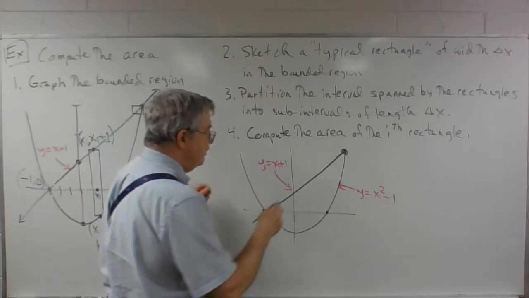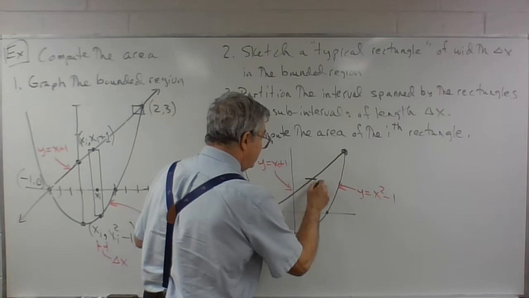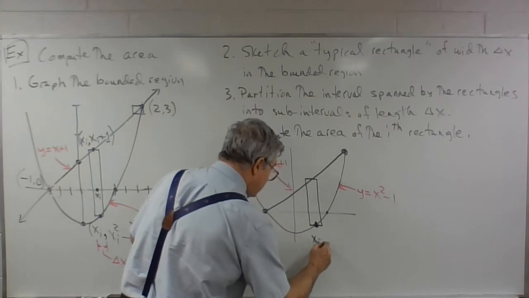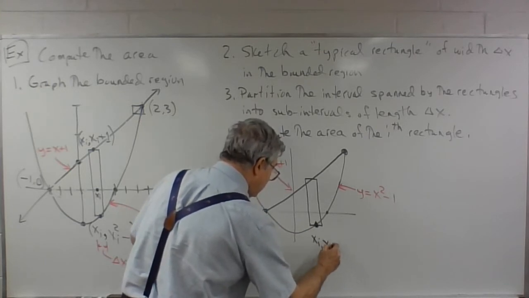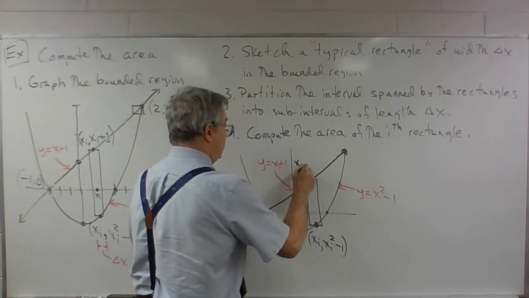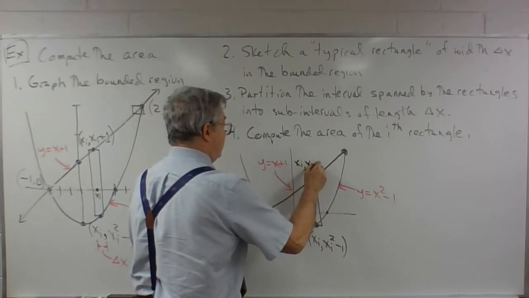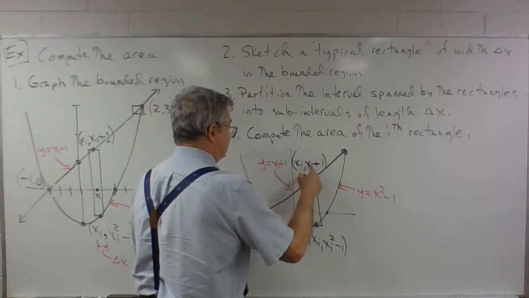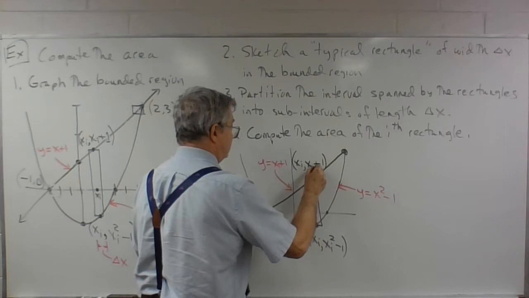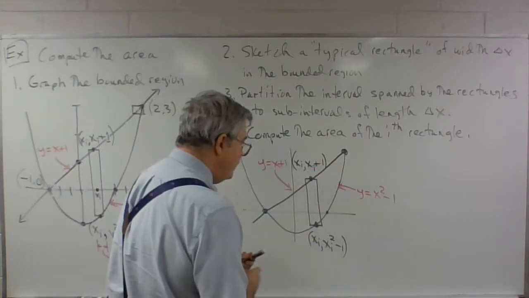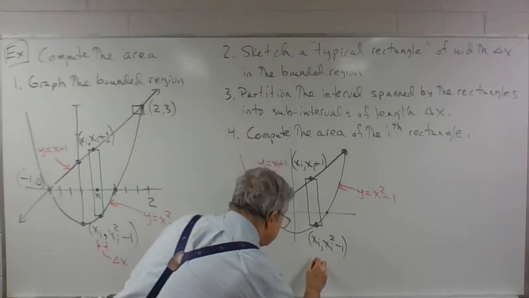And let me redraw my ith rectangle. The width is delta x.